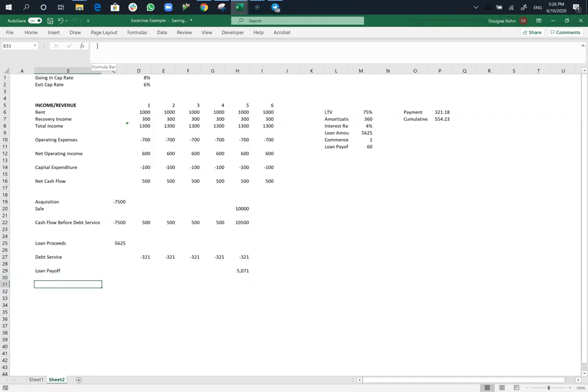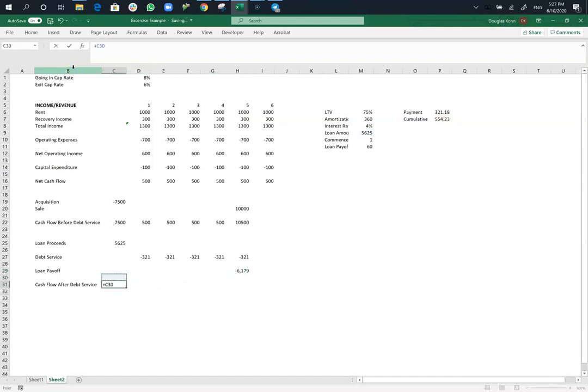Then we have our cash flow after debt service, this should be a negative number.